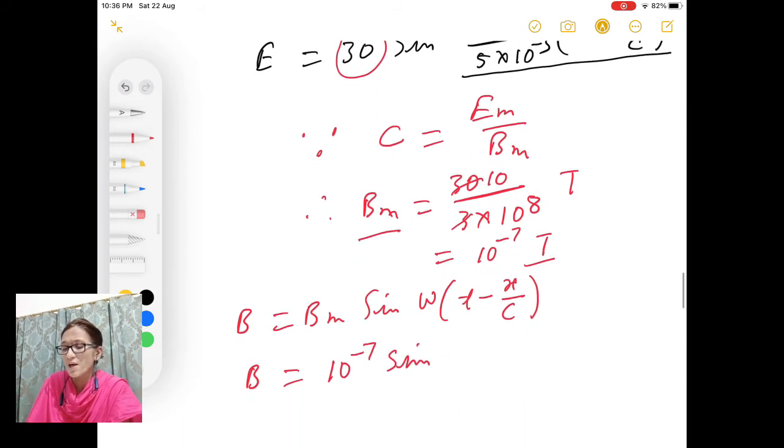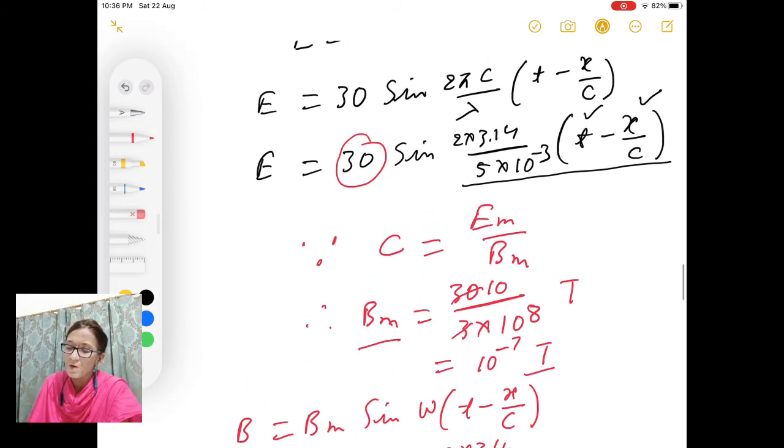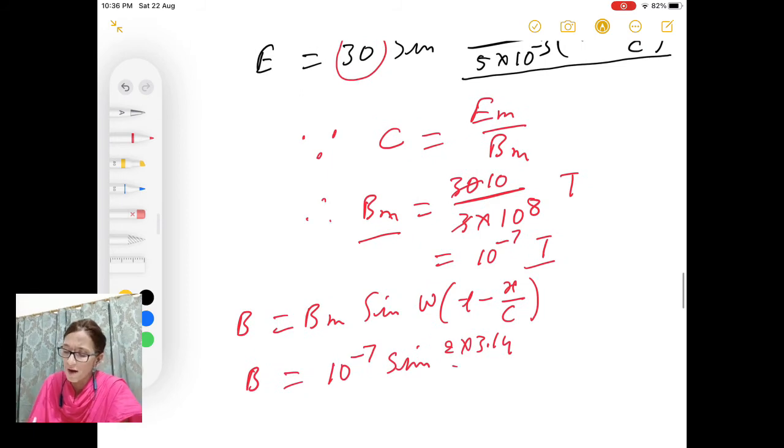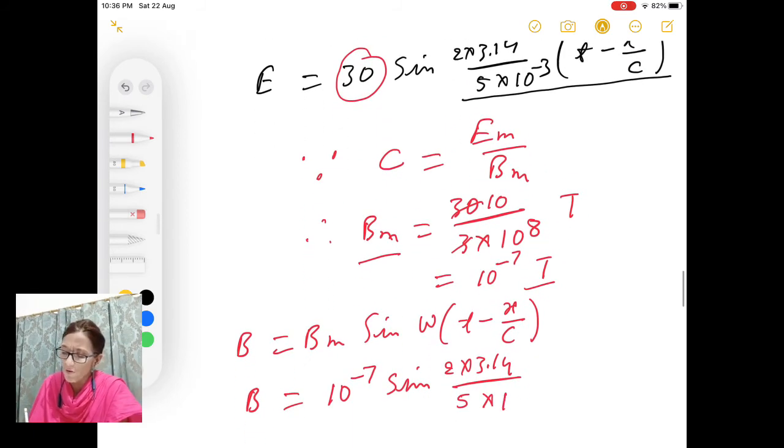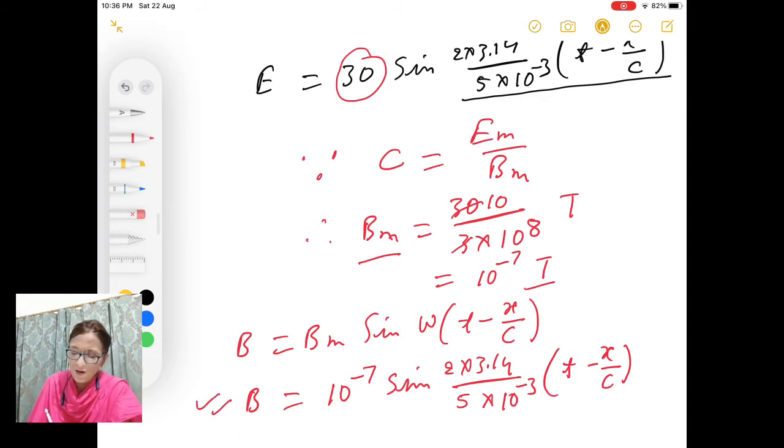This is 2 into 10 to the power 2 into 3.14, okay, 2 into 3.14 divided by 5 into 10 to the power minus 3, t minus x by c. So this is the wave equation of time varying magnetic field, and this is the wave equation for time varying electric field.